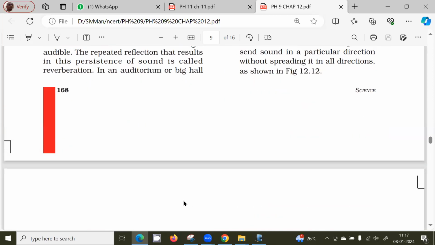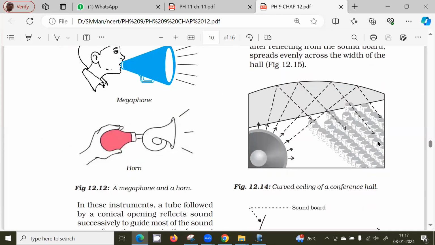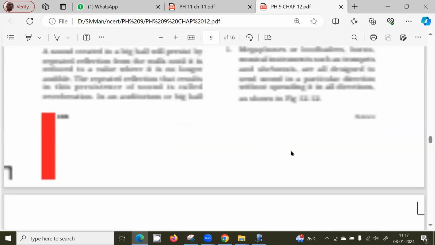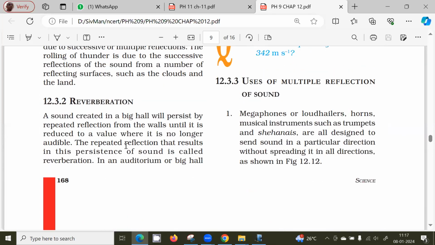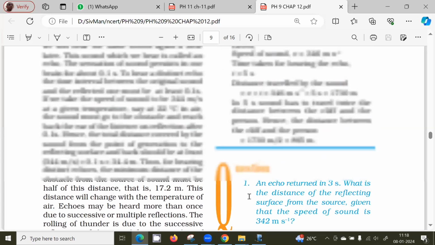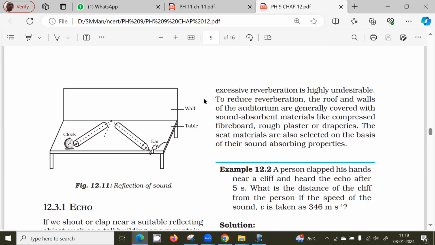This repeated reflection of the sound is called reverberation. In an auditorium, excessive reverberation is highly undesirable.